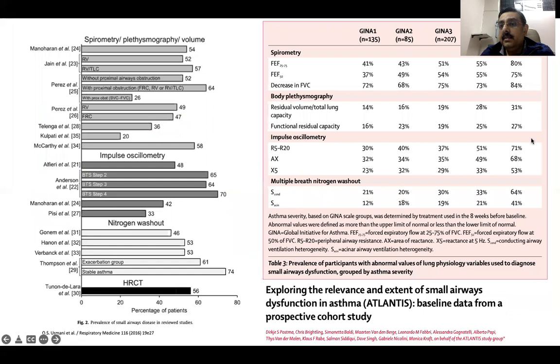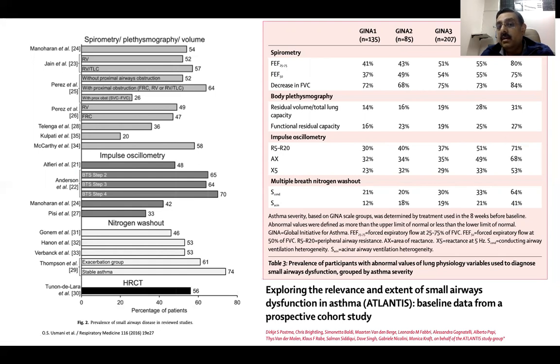And this is a meta-analysis from GINA, where they tried to look at small airway dysfunction in asthma across the GINA 1 to GINA 4 and GINA 5 categories. If you look at these values, it was approximately 30% in GINA 1 versus approximately 70% in the GINA 5 category.